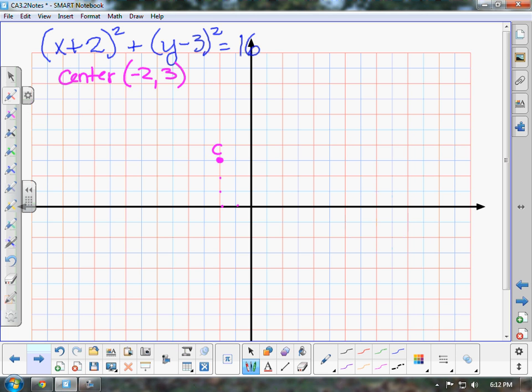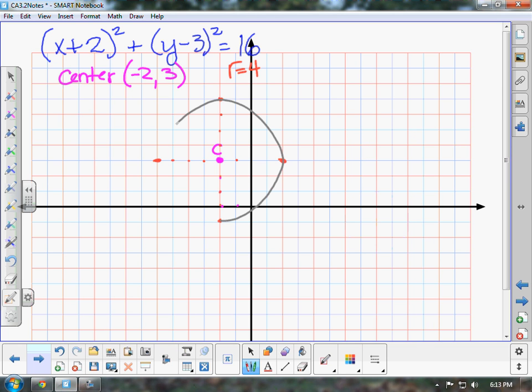And we know that our radius is equal to 4. So that means 1, 2, 3, 4. And there you have your circle. And so then we can draw it. And there you have it.